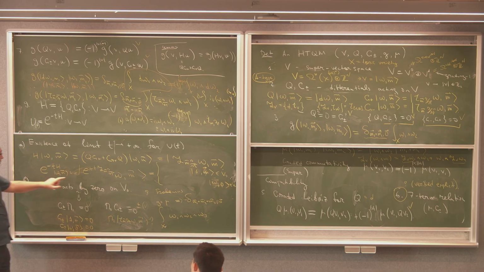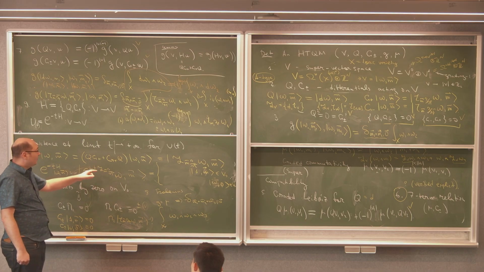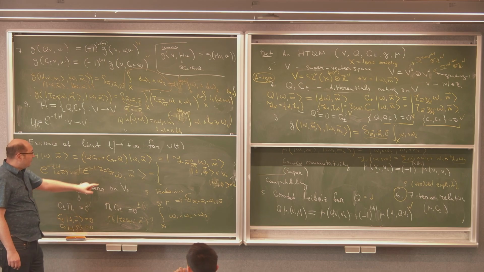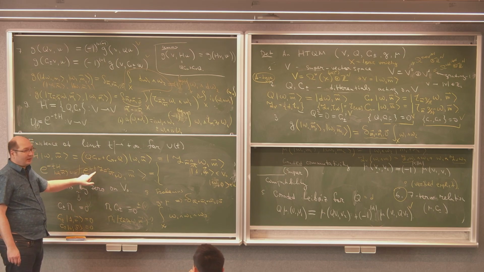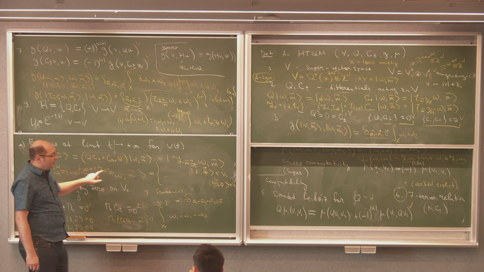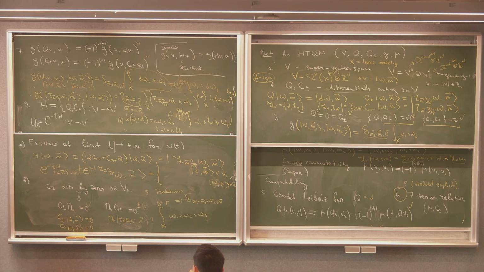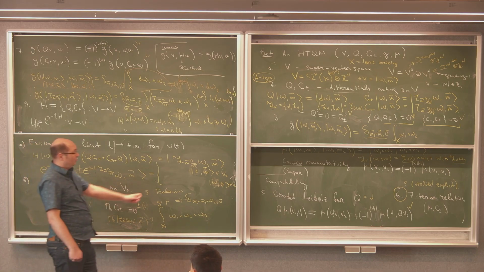And this operator, e to the minus th, is essentially shifting the radial coordinate by mt. If you have a constant form, there is no radial coordinate dependence, so a shift by mt preserves it. So it means that e to the minus th acts by identity on this thing.